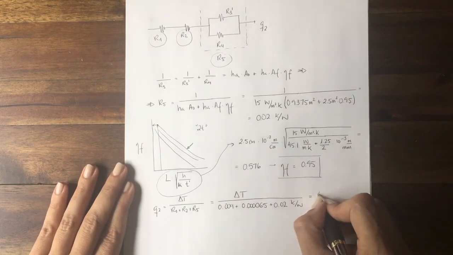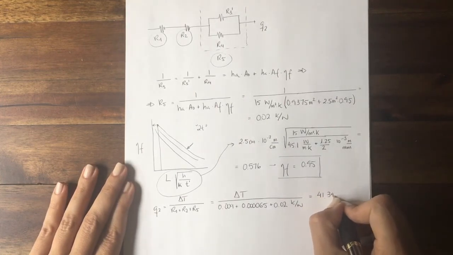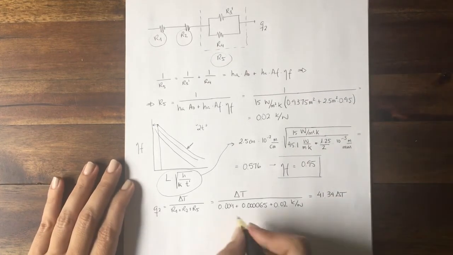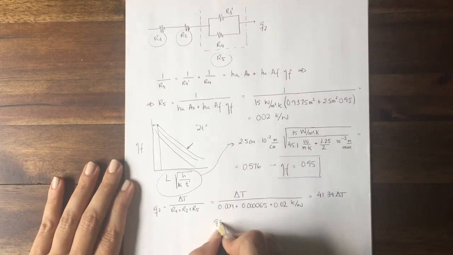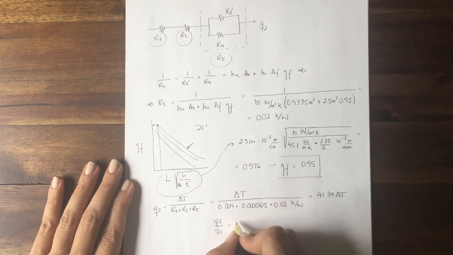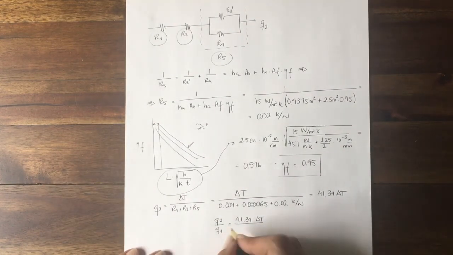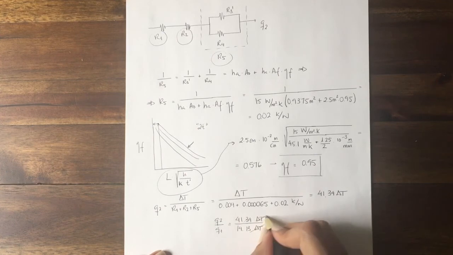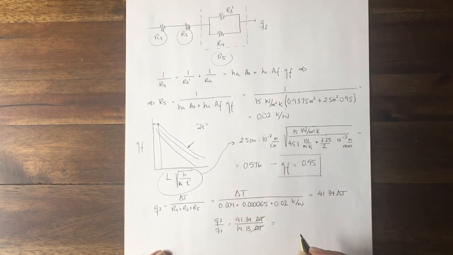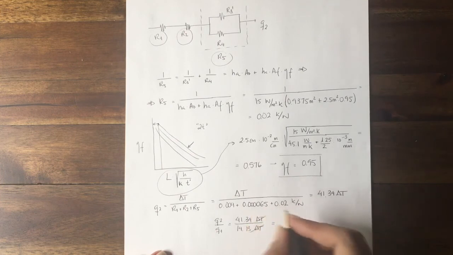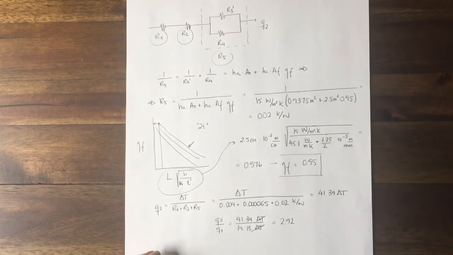You make the calculations, and this is 41.34 delta T. Therefore, the relationship between Q2 and Q1 is equal to 41.34 delta T over Q1, and Q1 from the first section, we know that is 14.13 delta T. Therefore, the heat rate when we consider fins is 2.92 times higher than the heat rate without considering any fin.